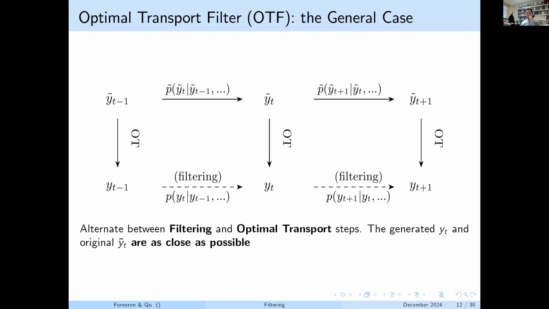It's also important to emphasize that the transportation is done iteratively over time. It cannot be done in one step because the current transportation depends on the previous steps from the transportation and from the updating operations. So it's an alternation between filtering and optimal transport.